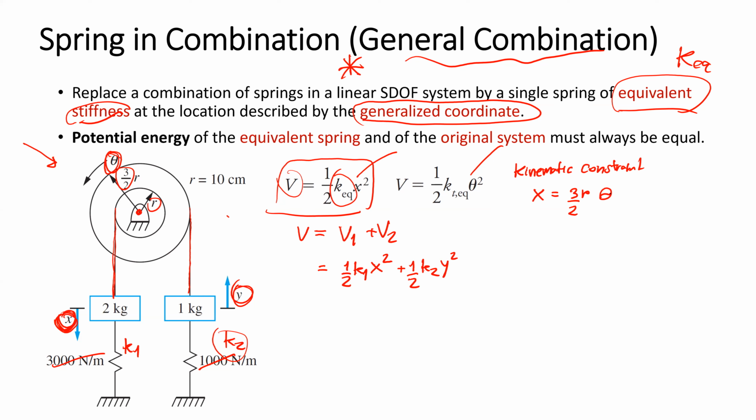No, it's not correct. For x, the radius is only r, so x equals r theta. How about y? y equals 3/2 r theta.